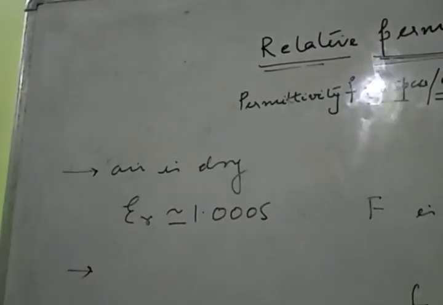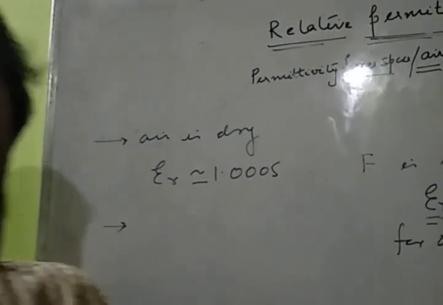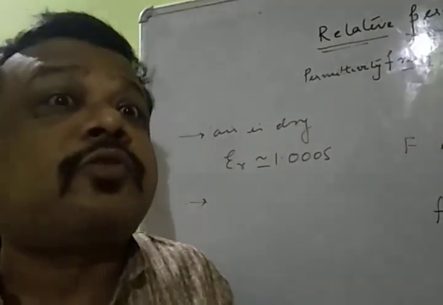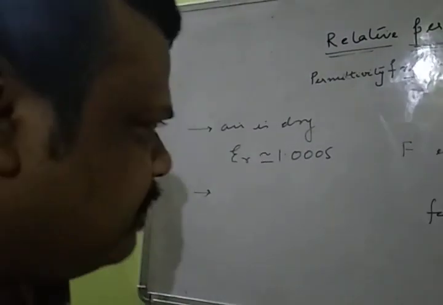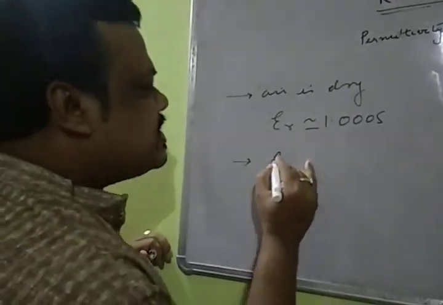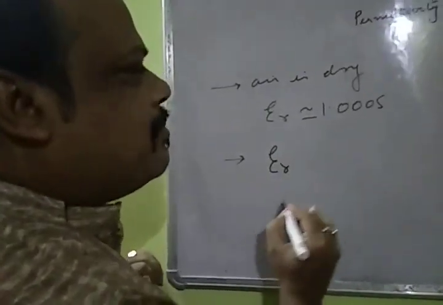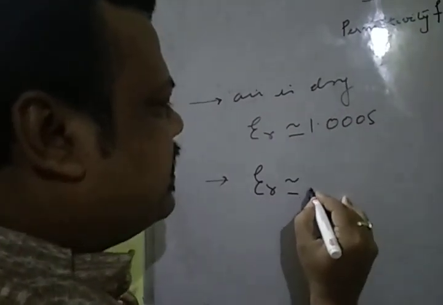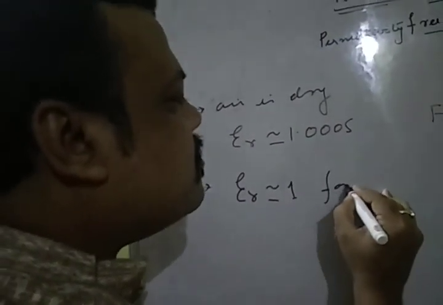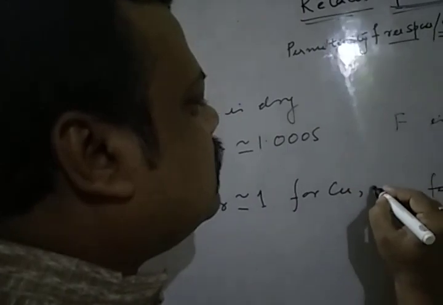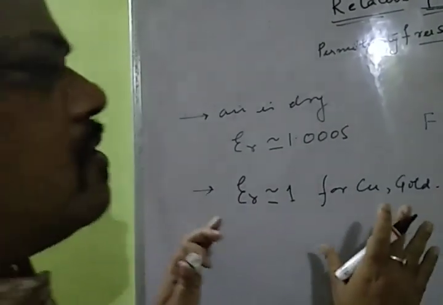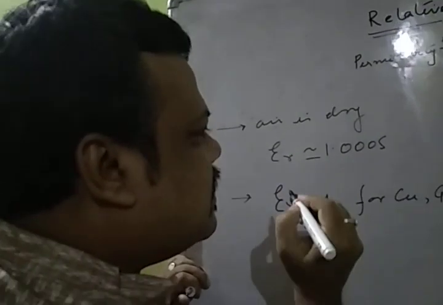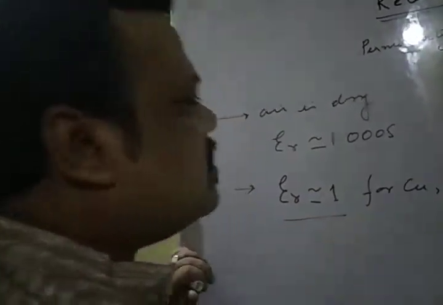And second, copper and gold are good conductors. For extremely good conductors, we can assume the relative permittivity is almost equal to 1, for copper and gold.